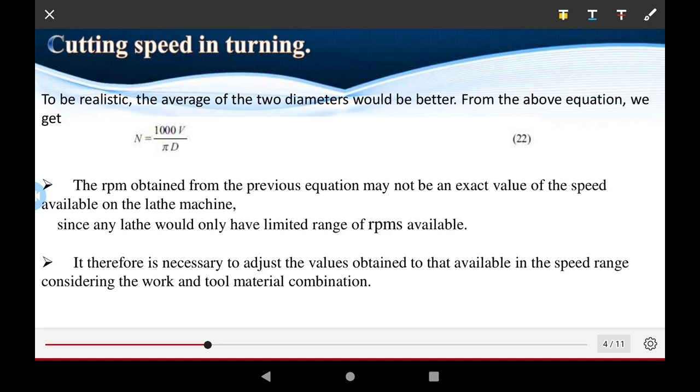I also gave the knowledge of the machines required: as the diameter increases, the rotational speed decreases, and as the diameter decreases, the speed increases. Since lathe machines have a limited range, it is necessary to adjust the value obtained to what is available, considering the workpiece and tool material compositions.